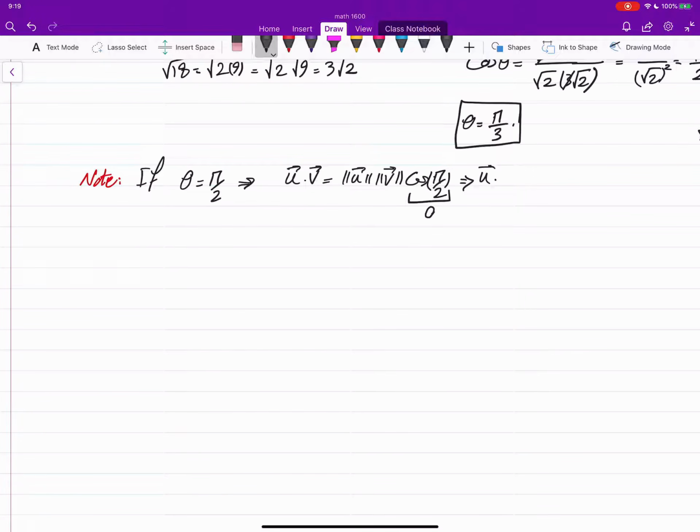And the right-hand side will be whatever the lengths are, you multiply by 0, you get 0. So u dot v is going to be the number 0. What does this say? This says that if two vectors are perpendicular to each other, then their dot product is 0.